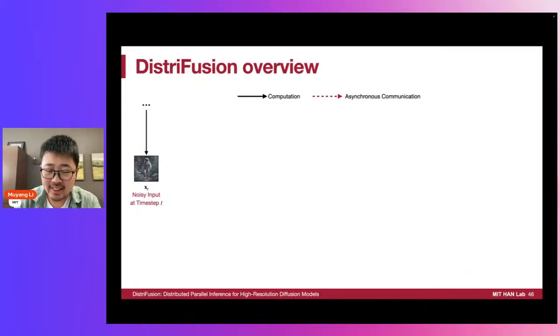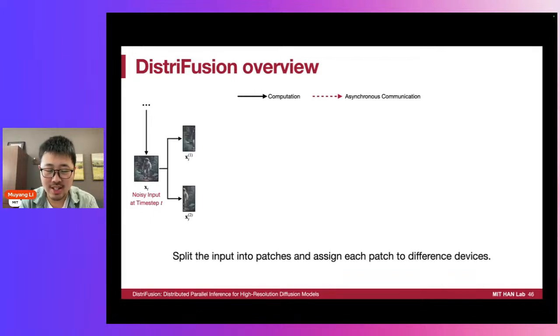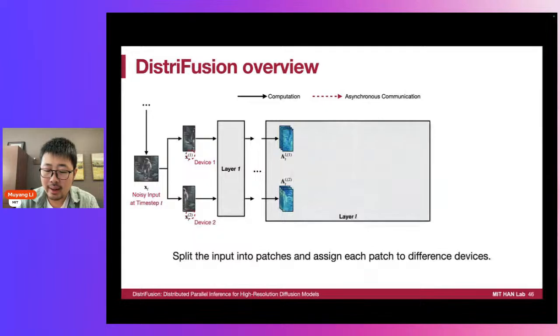So when we get the input of time step t, we first split it into two patches like what we did before. And then we feed them into the model layer by layer. At layer L, each device will have n activation patches.